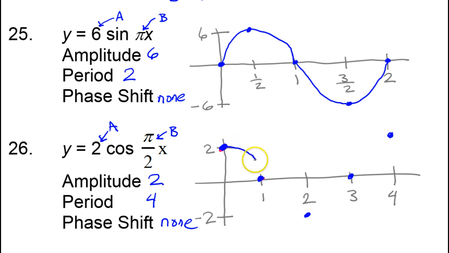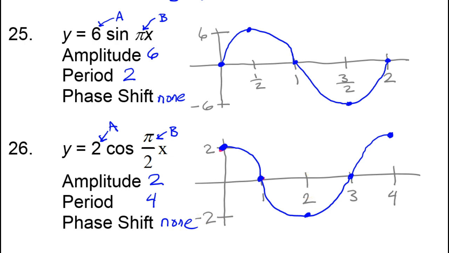So this is the final answer. And that's it, since there's no phase shift or anything.